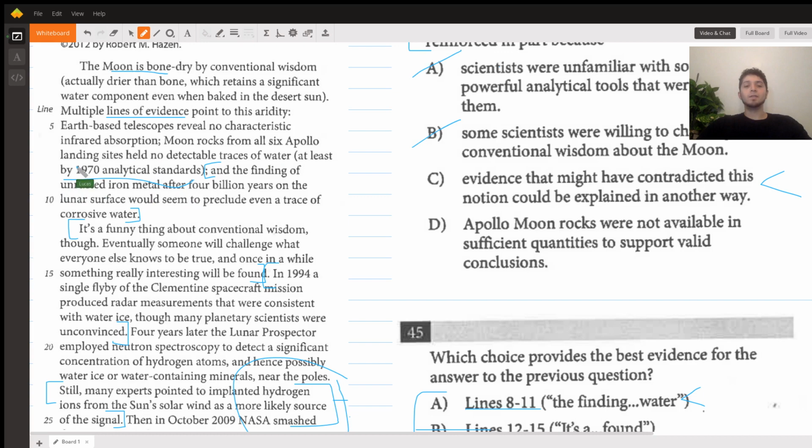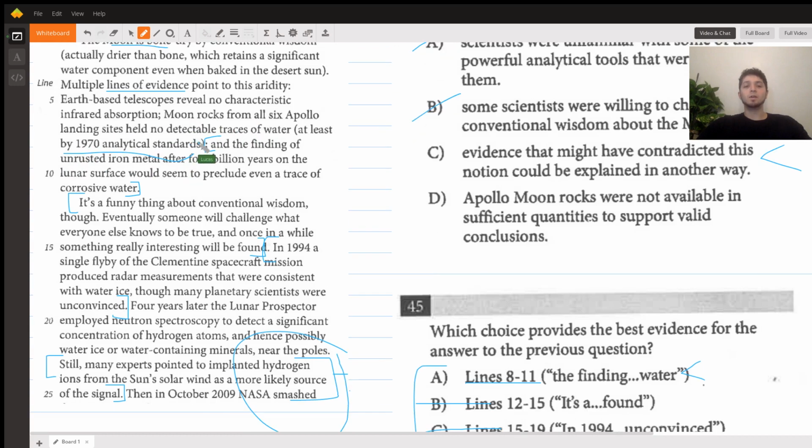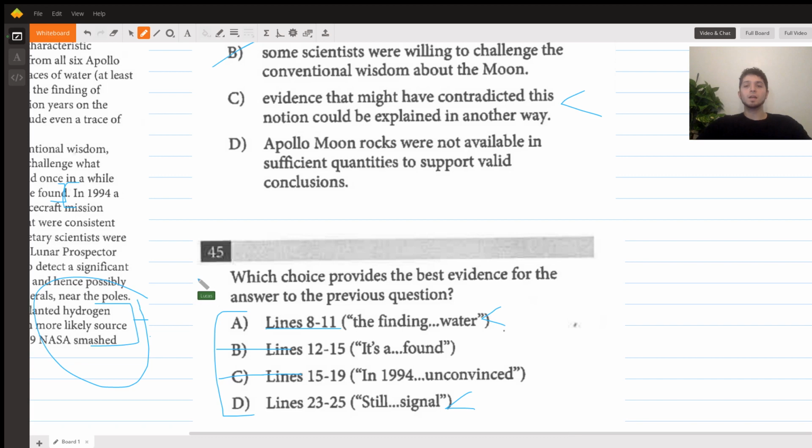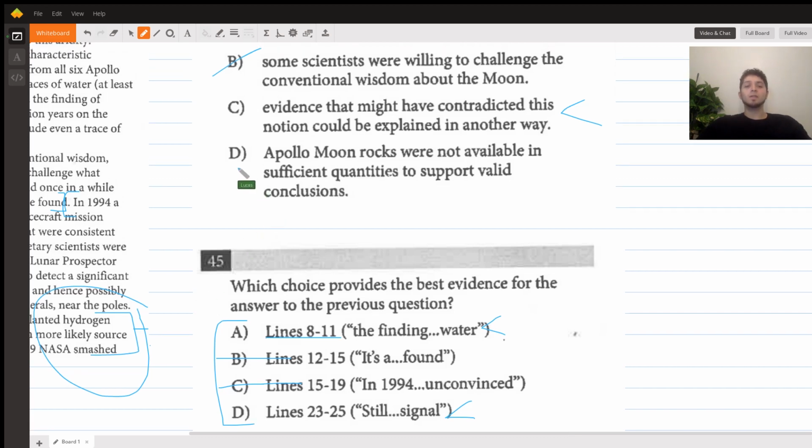So in 1970, they already had these Apollo moon rocks. So when we're down in this time here, past the 90s and into the 2000s, it's not the case that they didn't have these rocks. They definitely did have the rocks. They just didn't have the tools to analyze them. So D is wrong.